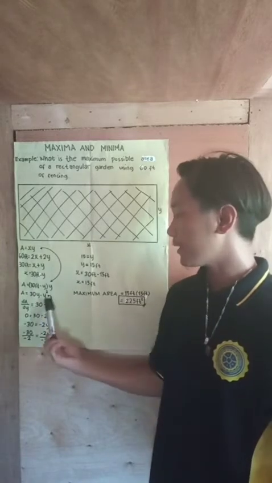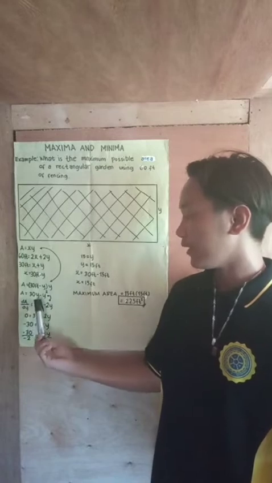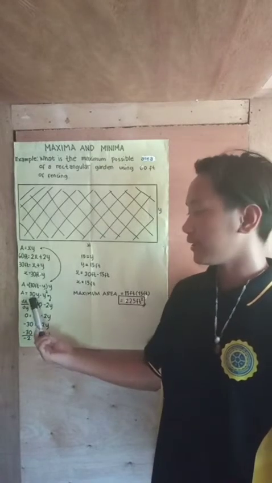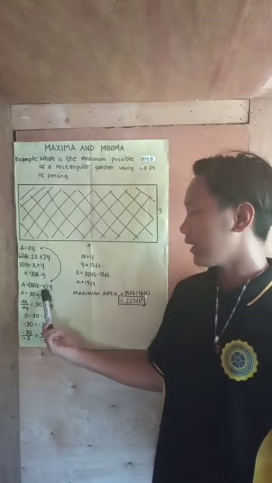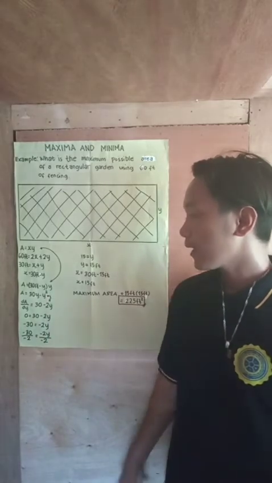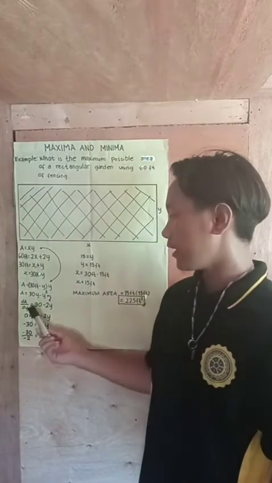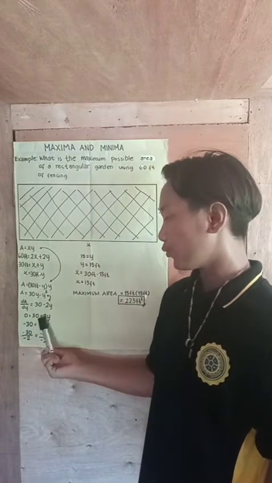Then we derive: dA over dy equals 30, since the derivative of 30y is 30, minus 2y, since the 2 comes down and the exponent becomes 1. Next, we equate it to 0. So 0 equals 30 minus 2y.